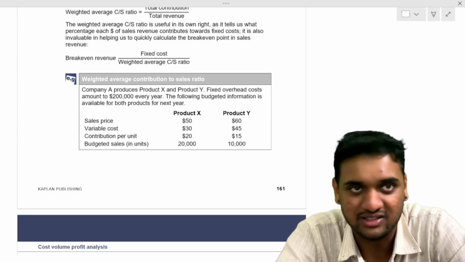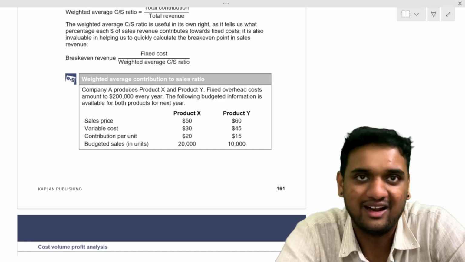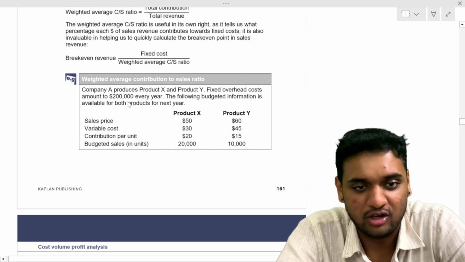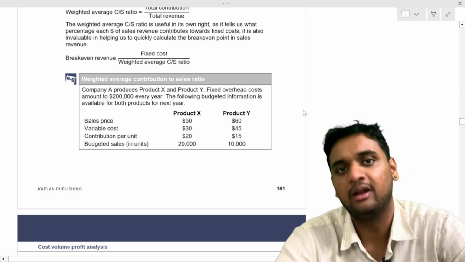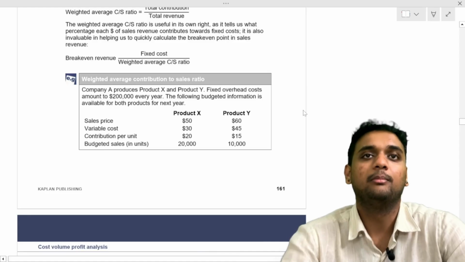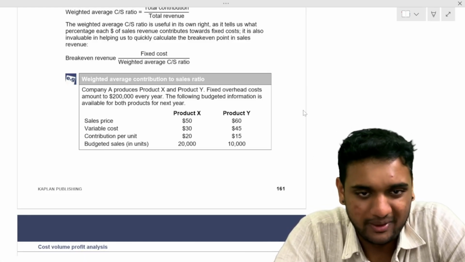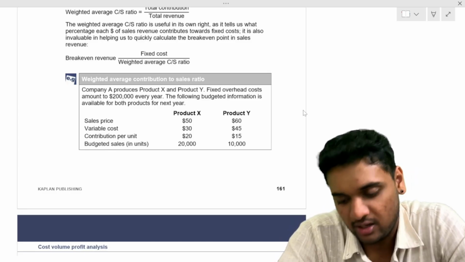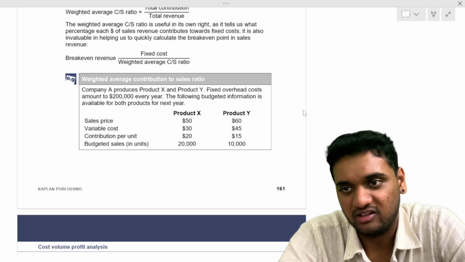If you do, you will get the total sales. Total contribution by total sales into 100, if you do, you will get the weighted average CS ratio. Fixed cost is given to us as 2 lakhs. 2 lakhs divided by the weighted average CS ratio, you will get the break-even point amount or break-even sales revenue. You can call it whatever you want. Please find out and let me know what is the break-even sales revenue.